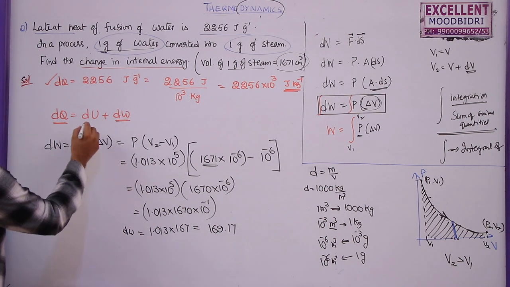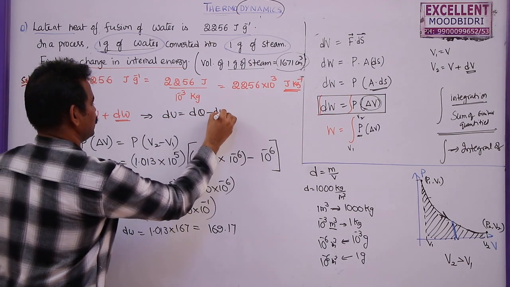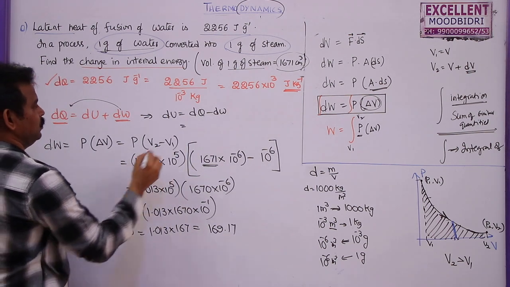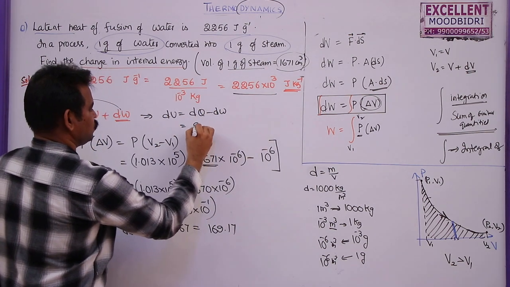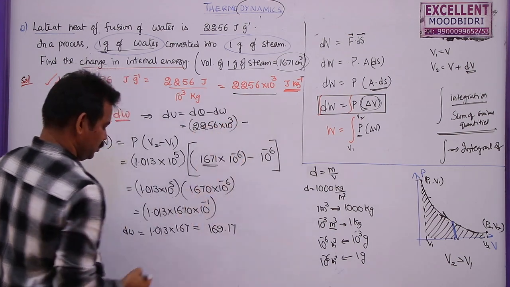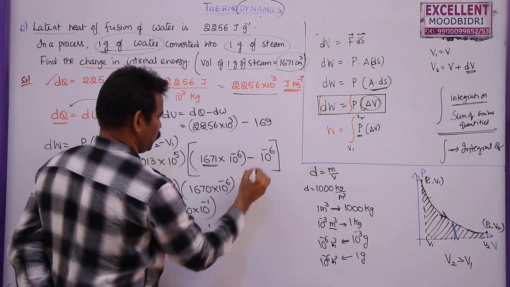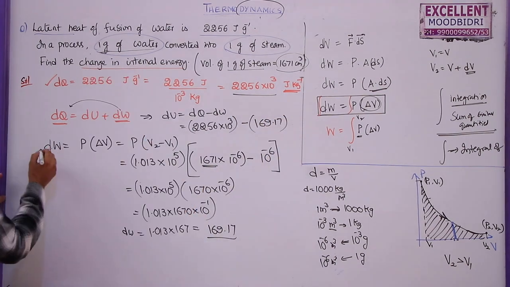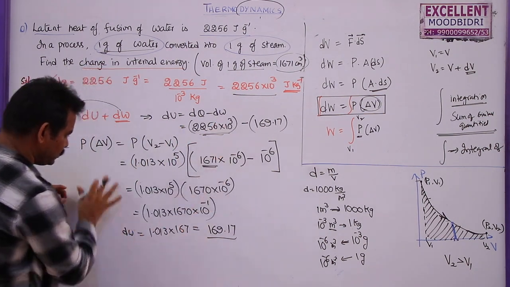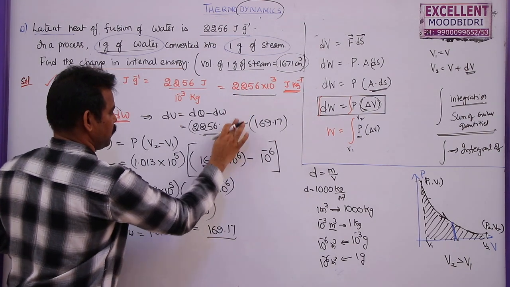Now I need dU. So what is dU? dU is nothing but dQ minus dW. If I bring this on this side, dQ, the heat supplied, is 2256 into 10 power 3, and dW is 169 joules only, 0.17. As it is for grams, we can take only the energy per gram.